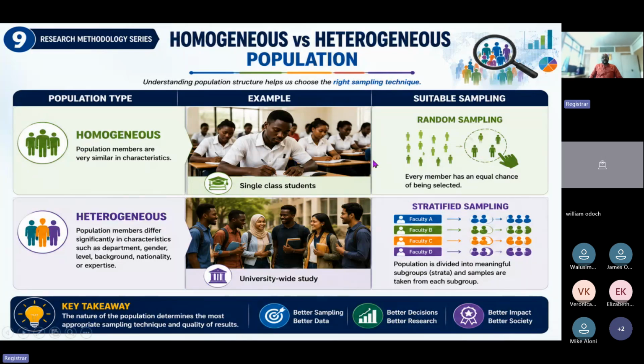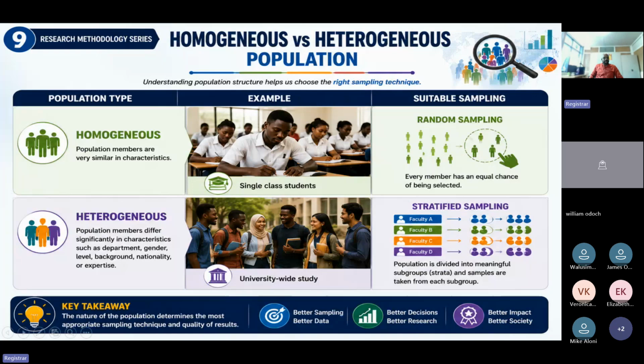So, if you have that one, the good one is random sampling because every member has equal chance of being selected. But remind you one thing: if you want to use random sampling, you should have a population frame with you. Means what? You should know the details of each and every individual in the population or every entity in the population under study.